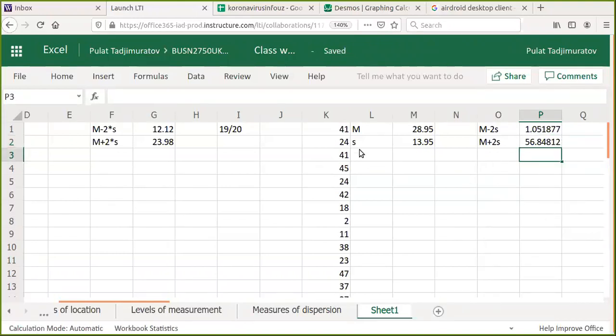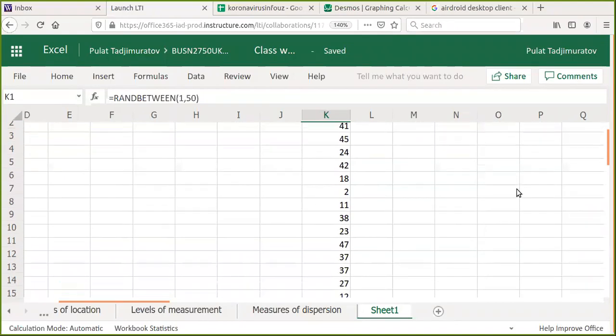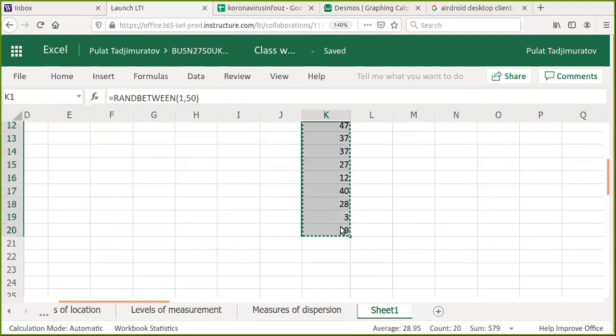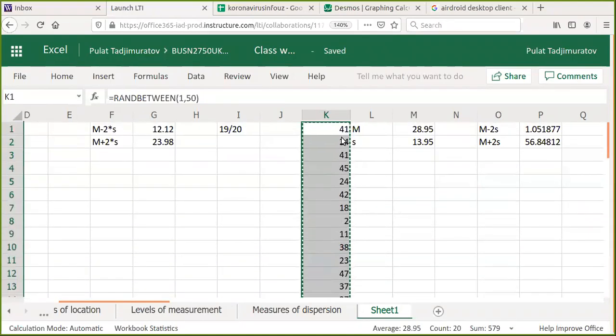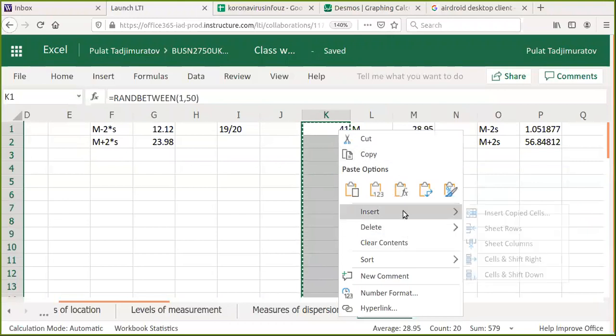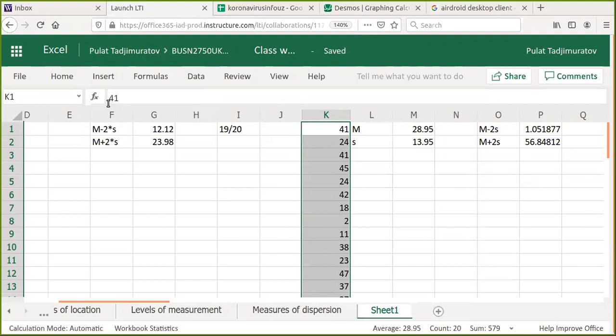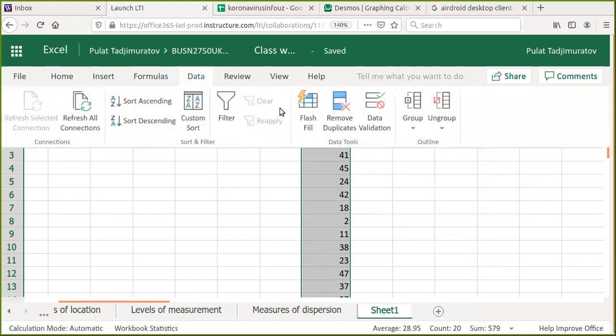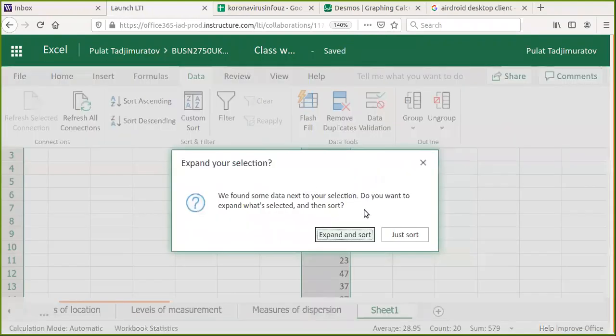Okay, so we need to count the numbers between 1.05 and 56.8. That will again be a large number. What? Okay, I'm all right with that.